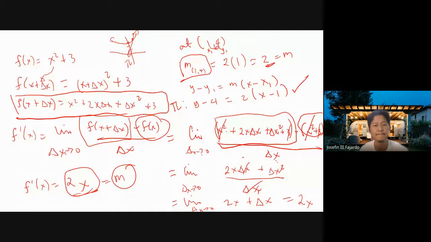Clear? Basically, what we used here is the knowledge that the derivative is the slope of the tangent line. Then we find the specific slope using the point. And using the point-slope form, we were able to identify the equation of the line.